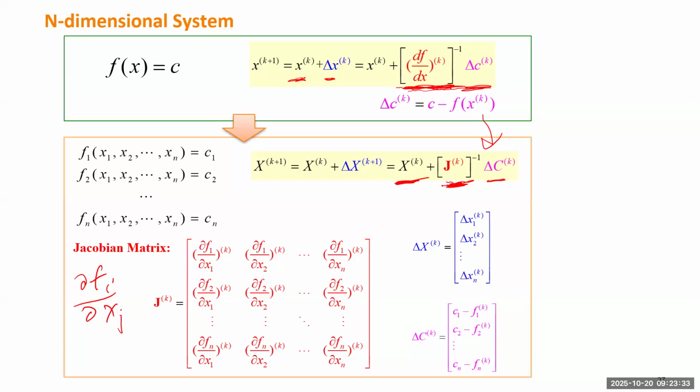Xj is the jth variable to be solved. So you just calculate all the combinations and put them into this matrix. So this will be a Jacobian matrix. You notice the Jacobian matrix also has this superscript in parentheses with k, which means this Jacobian needs to be updated, because at every step, when you have a new S value, you need to recalculate this Jacobian.